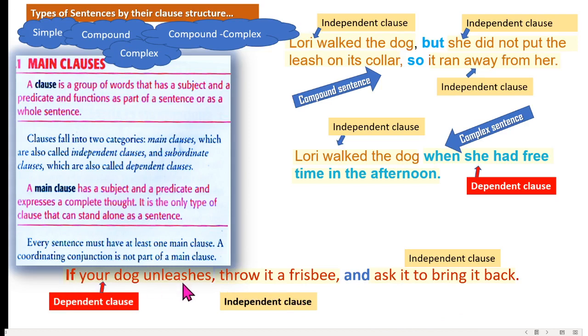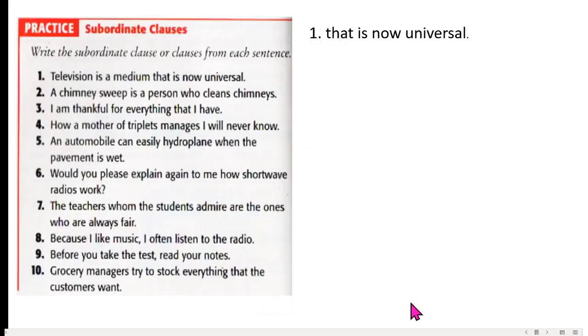Then you have coordination and subordination in the same sentence. Three ideas to express a complete thought with details and everything, but you have coordination and subordination. So it is a compound complex sentence.